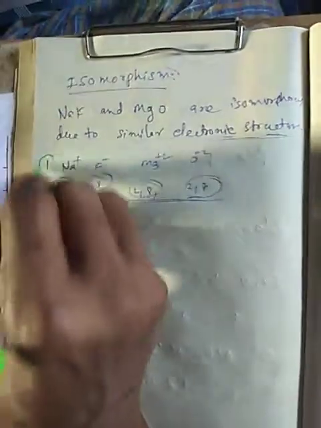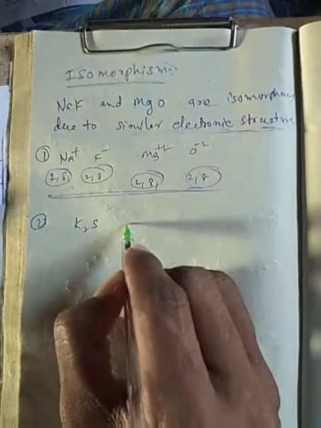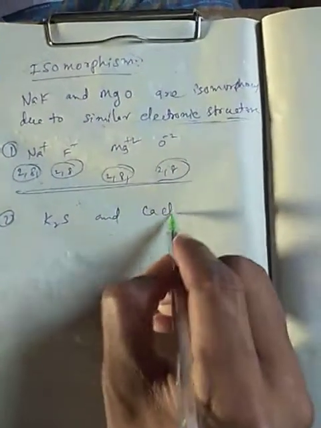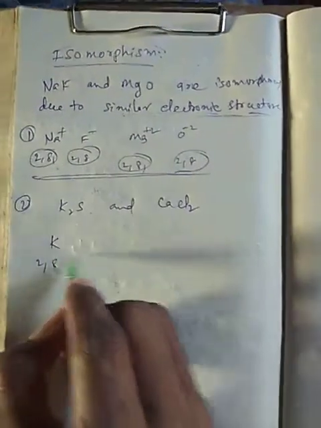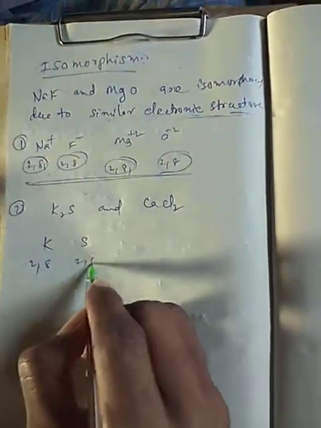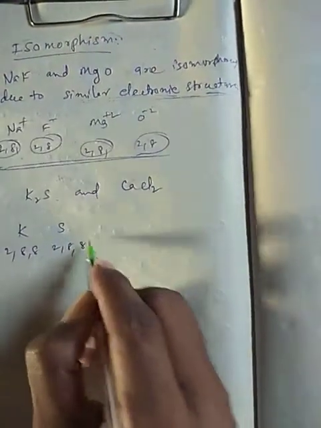Similarly, if we take example 2, that is K2S and CaCl2. In this case also, K+ is 2,8,8 and S2- is 2,8,8.